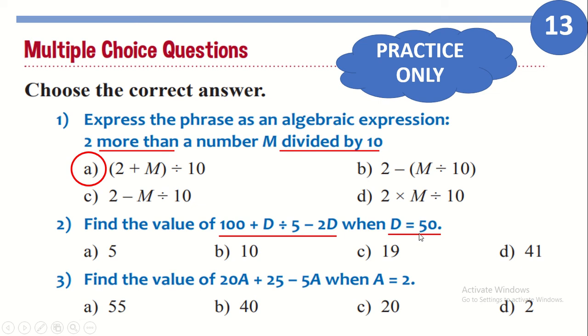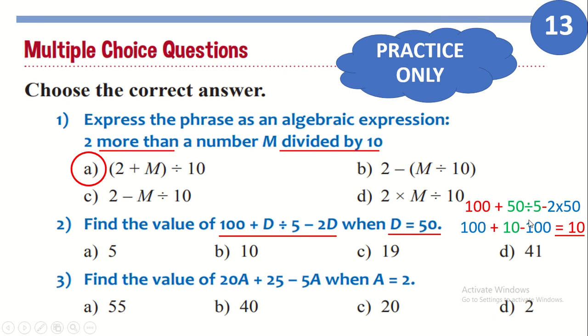You substitute, you replace. Here you have 100, then plus 50 for D divided by 5 minus 2 times 50. The color green here, you do it first, and then the multiplication. Division and multiplication first.